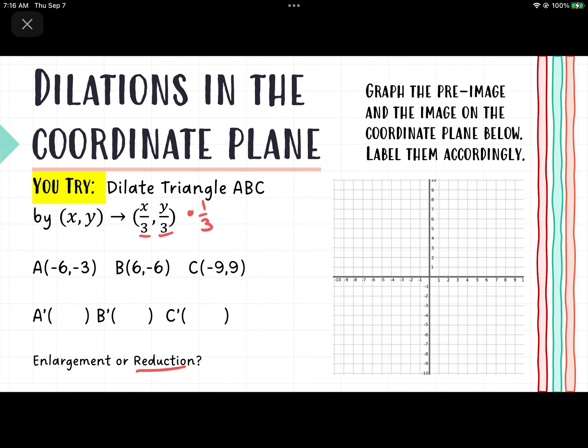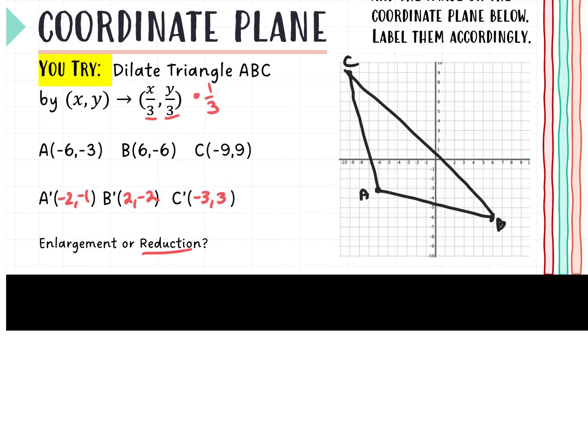While I do that, you guys go ahead and multiply each of these coordinates, or divide by 3 or multiply by 1/3. Write down your new A prime, B prime, C prime, and then let's graph it. All right. If you think you know what to do, pause the video. Do it.